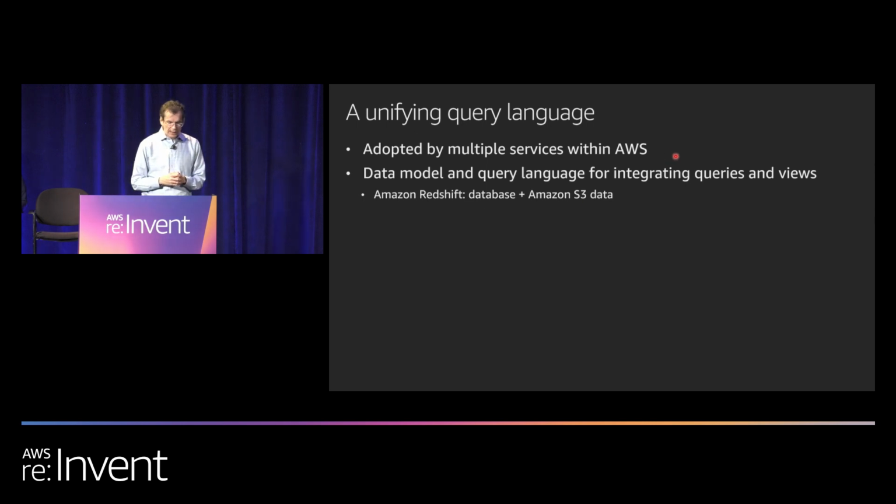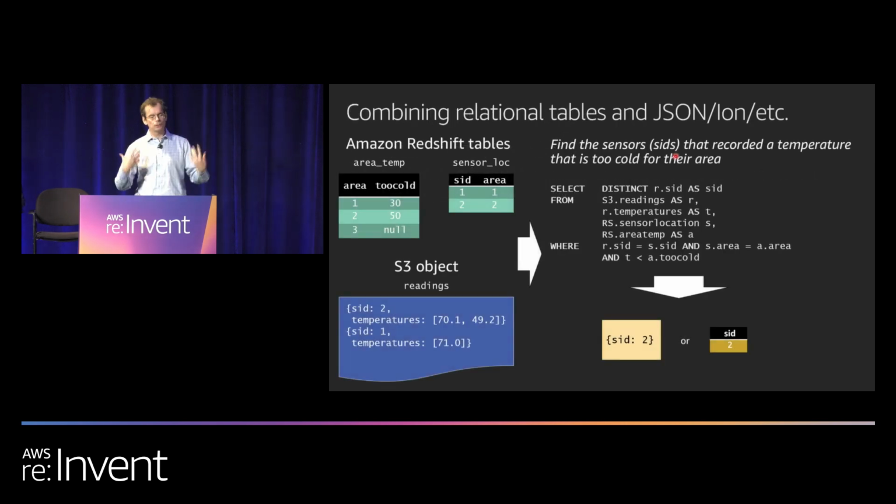And this is nice because it's providing an integrating data model and integrating query language for querying all of this. And the integration can go one step beyond. Here I have an example from Amazon Redshift Spectrum.